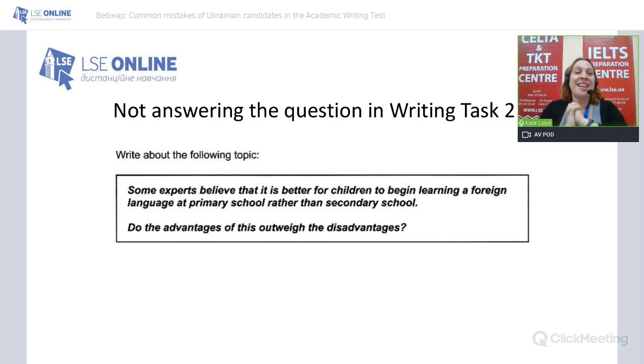But what happens here is students see this question and they see children learning a foreign language, and they write the advantages and disadvantages of learning a foreign language at school. So, advantages of learning a foreign language. It's good for your job.